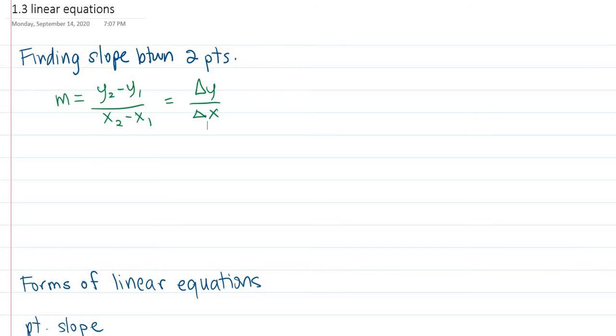Recall here, it doesn't really matter what order you put your 2 points in. It doesn't matter which point is point 1 and which point is point 2. It just matters that you are consistent for the whole thing. So if I wanted to find the slope between 2 points, say I had (2, 3) and (-1, 7), I'm going to call this point 1.